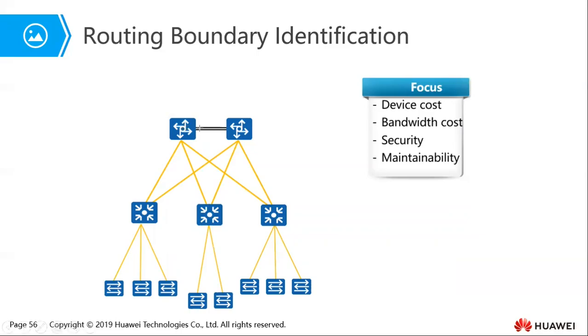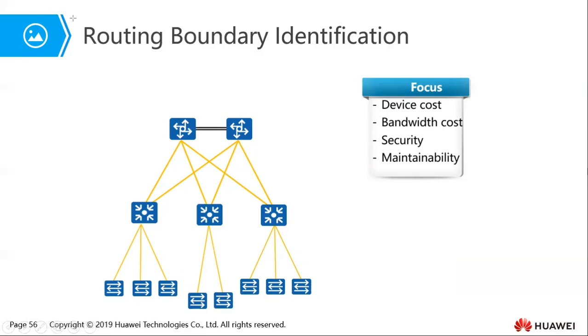Generally, we've mentioned severally that at the core layer, we use layer 3 devices. At the aggregation layer, we use layer 3 devices. At the access layer, we use layer 2 devices. However, that does not stop you from using a layer 3 device at the access layer. You can still use it.